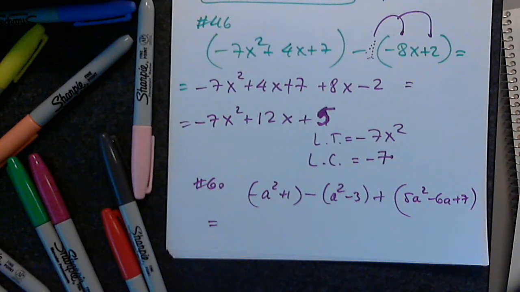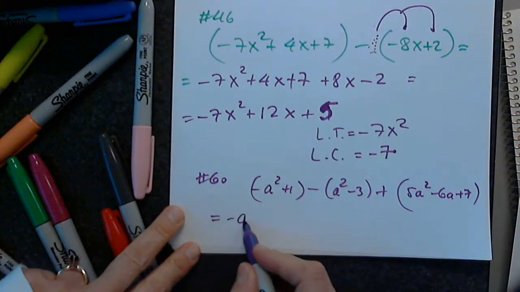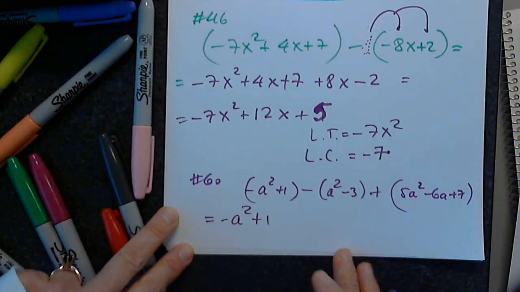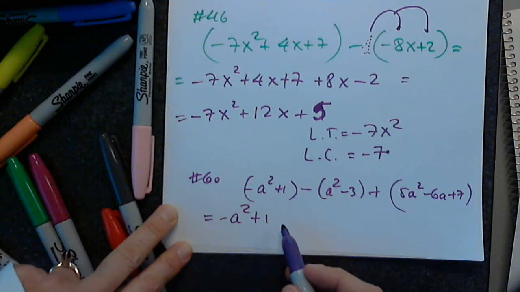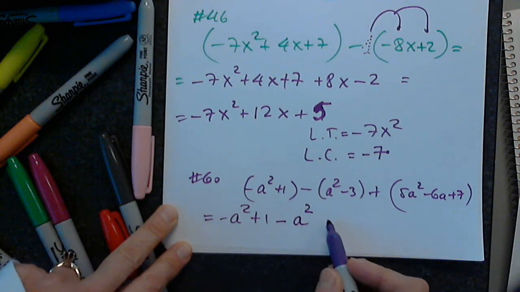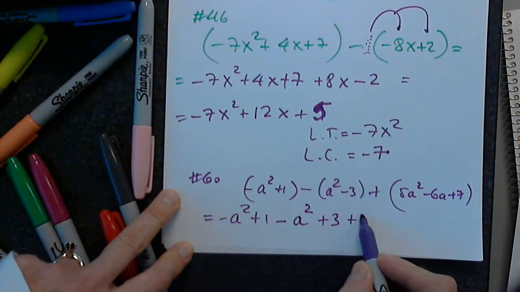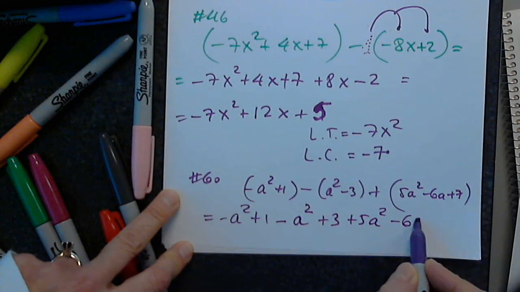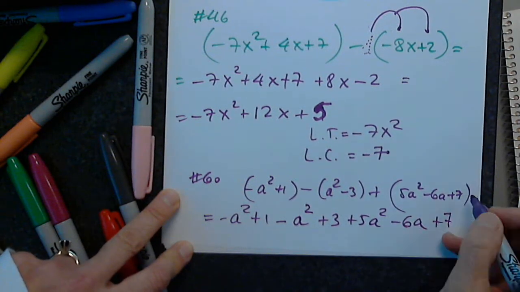We're adding and subtracting. Ready? First I copy negative a squared plus 1, then minus a squared plus 3 plus 5a squared minus 6a and plus 7.